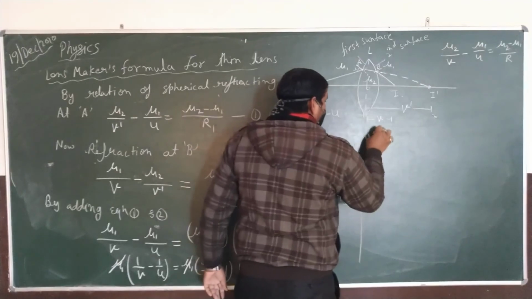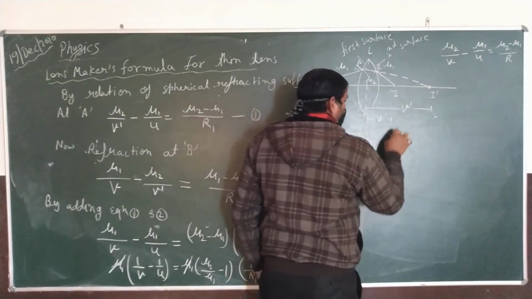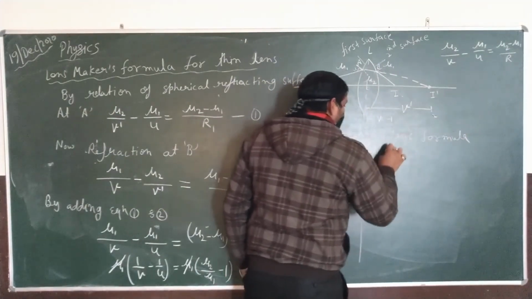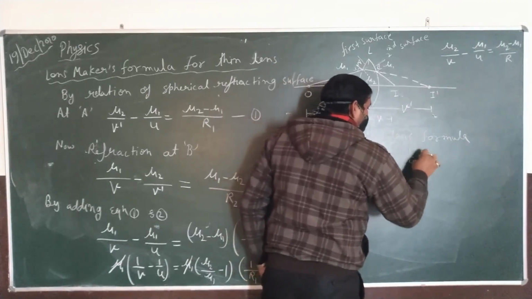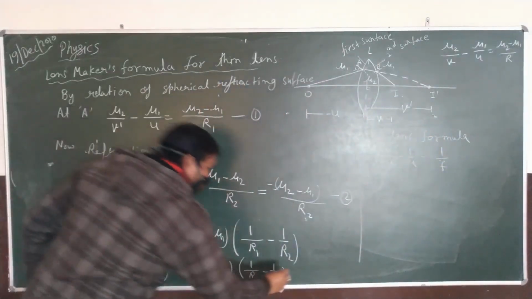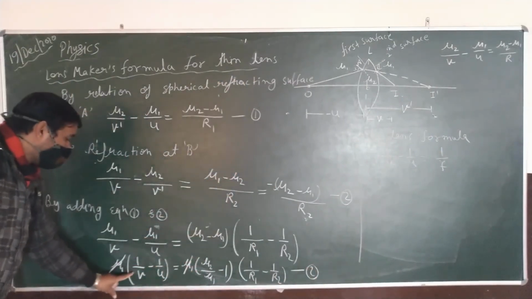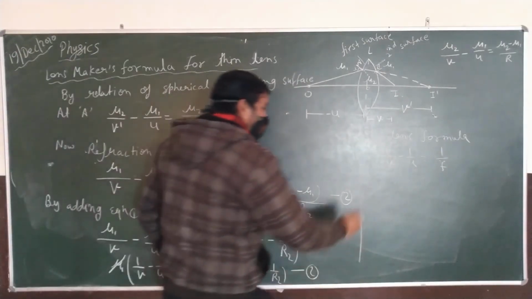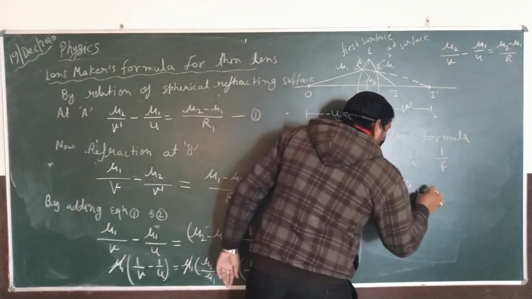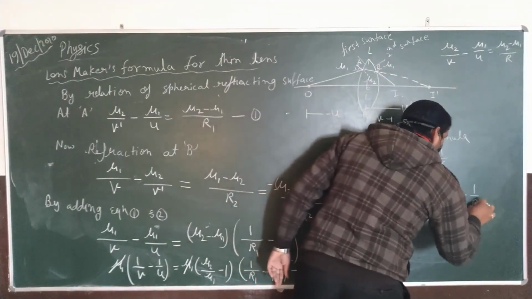Now we know that, by the lens formula, 1 upon v minus 1 upon u is equal to 1 upon f. Okay, this is your equation second. By using the value of 1 upon v minus 1 upon u as 1 upon f, we get 1 upon f is equal to mu2 upon mu1 minus 1 times 1 upon R1 minus 1 upon R2.